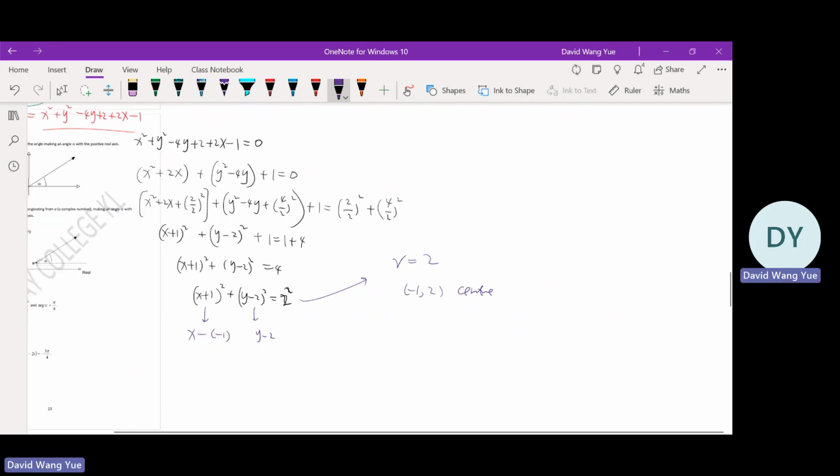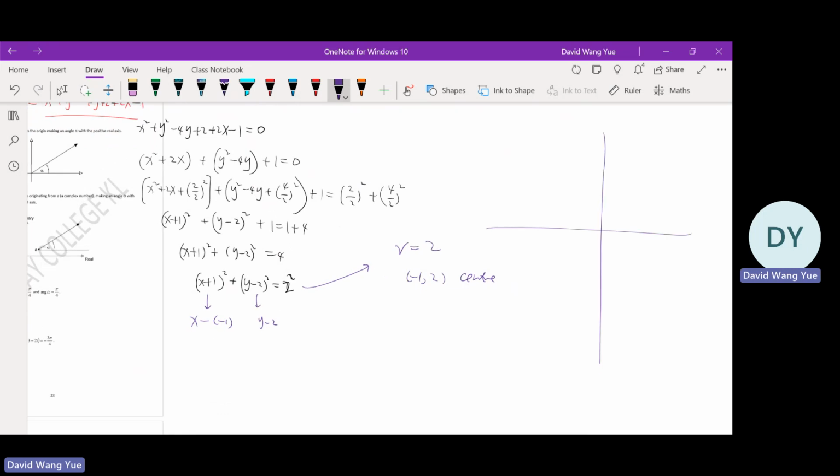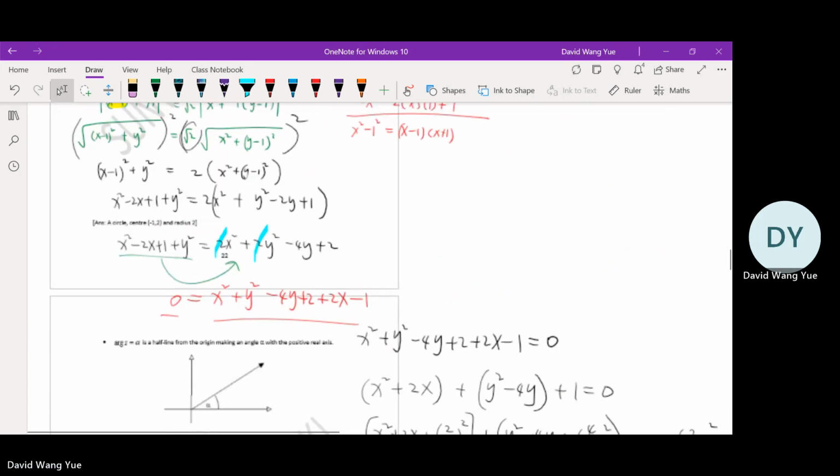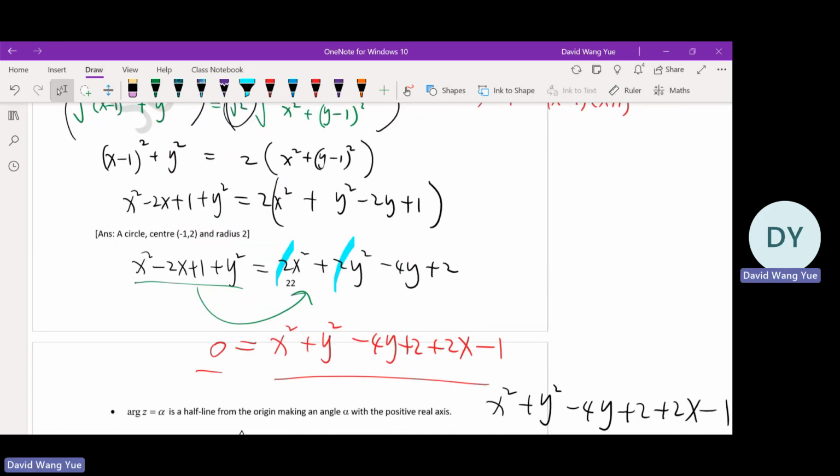So basically this locus has center minus 1, 2, and the radius is 2. These are the top point, the bottom, the one on the left, the one on the right. Center minus 1, 2, radius is 2.